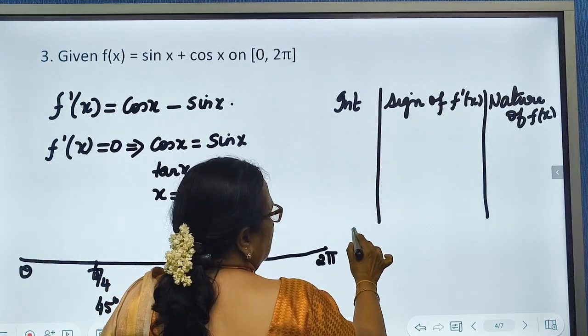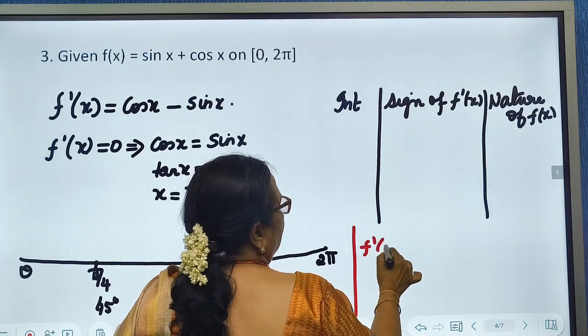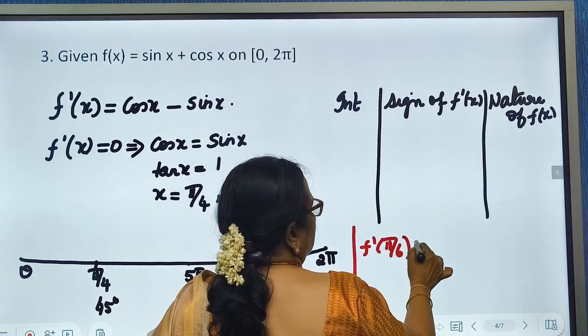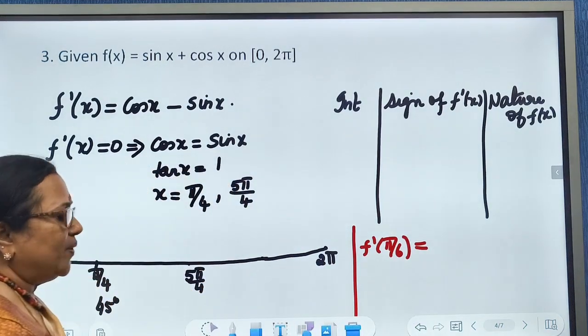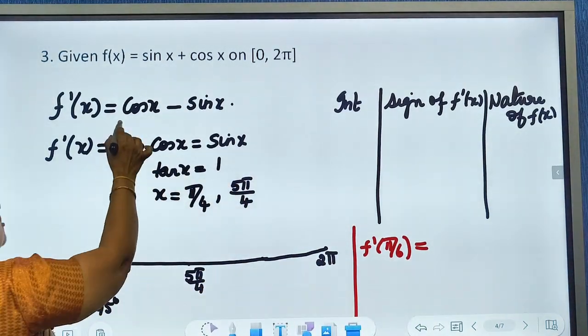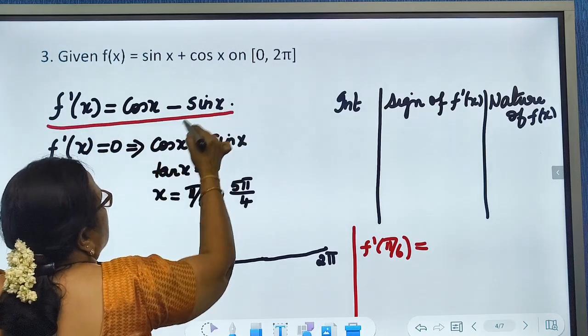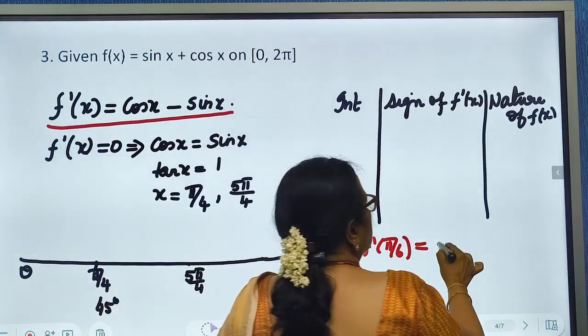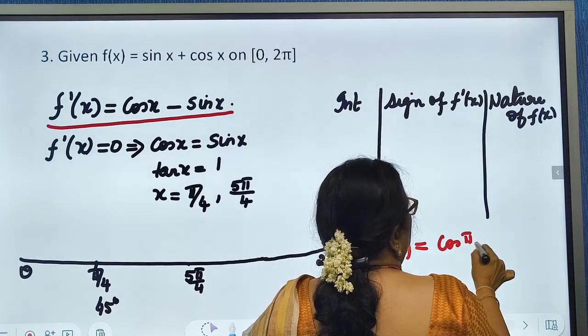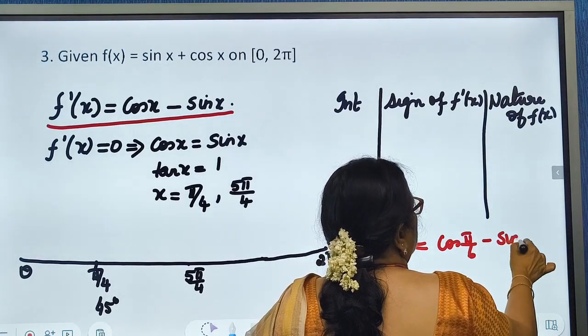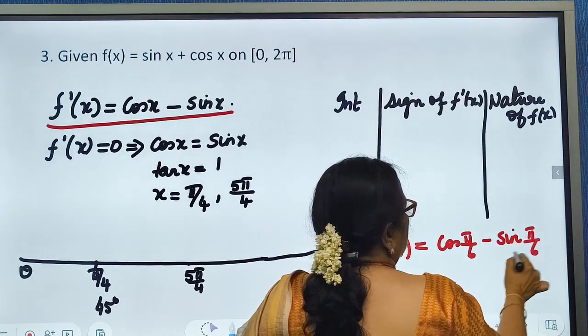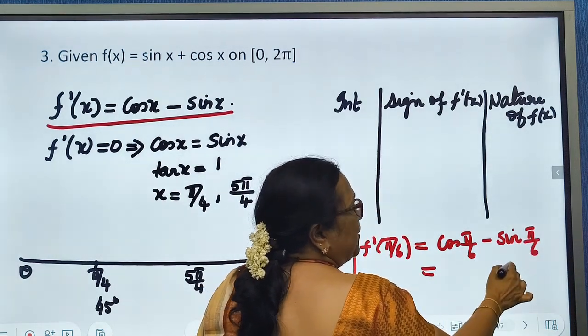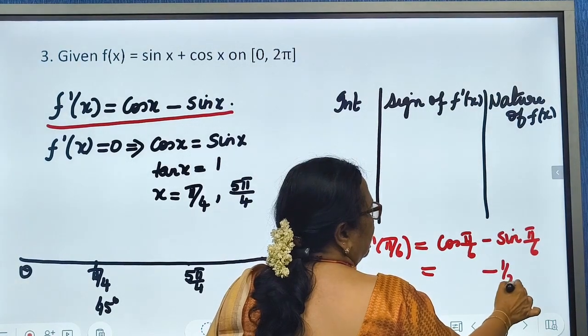What is f dash of pi by 6? What is f dash of x? This is cos x minus sin x. Cos pi by 6 minus sin pi by 6. Sin pi by 6, sin 30, is half.